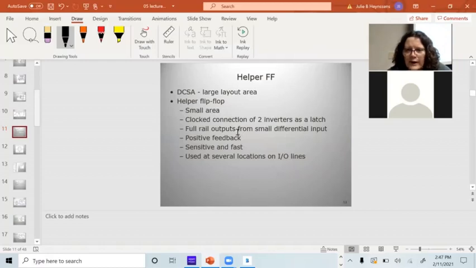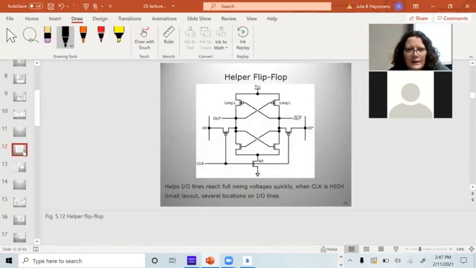You get a full rail from an almost VDD differential input, as it droops along the line. It's pretty fast, and it's positive feedback because the input feeds into the output of an inverter, which feeds back into the original input. It's just a back-to-back inverter.